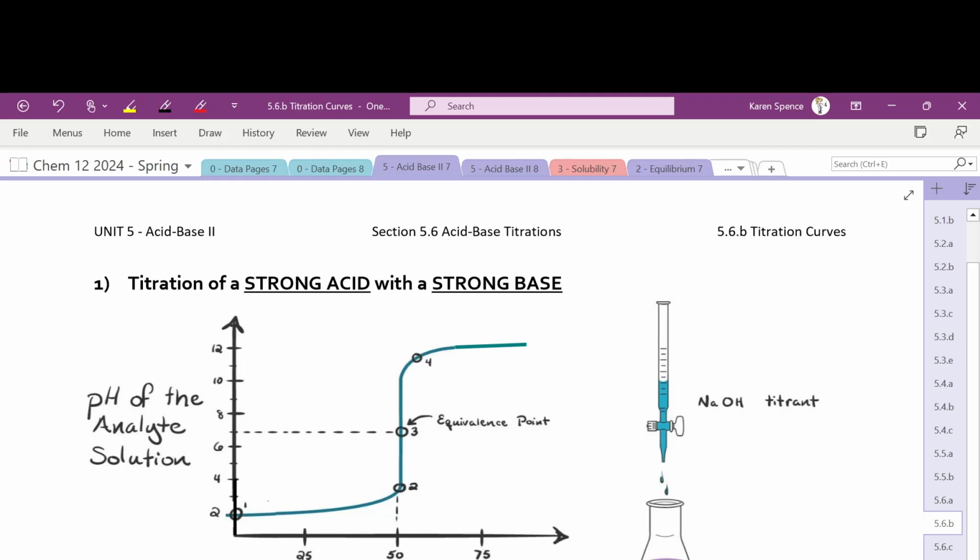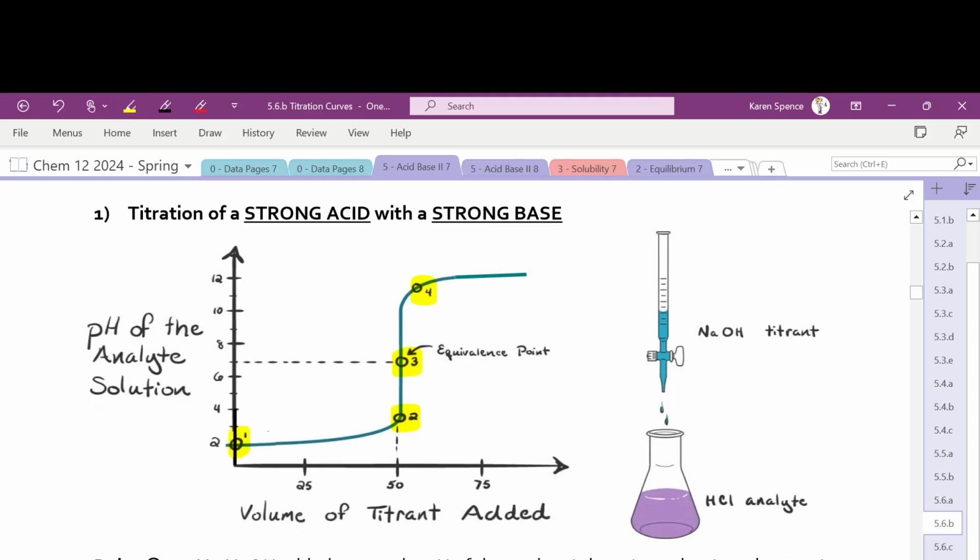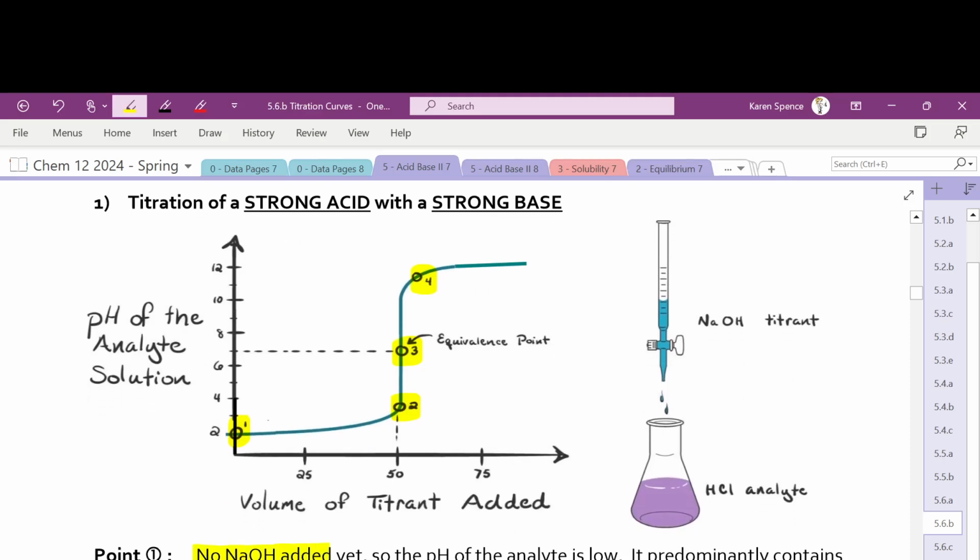We're going to take note of all these little points here: point 1, point 2, point 3, and point 4. At point 1, we have added no NaOH, none. So it is just the hydrogen coming from the HCl.